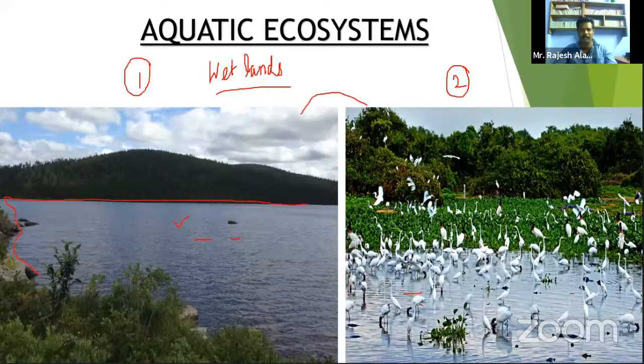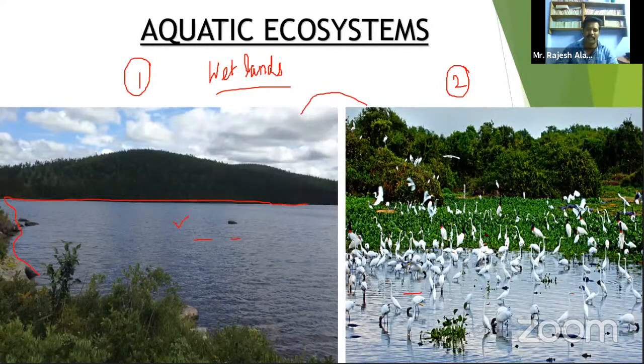Anything else you can make as a comparative analysis out of these two pictures? Any other inference? Unwanted plants are growing in the second picture. Very good. Some unwanted plants, it is Eichhornia crassipes, water hyacinth.